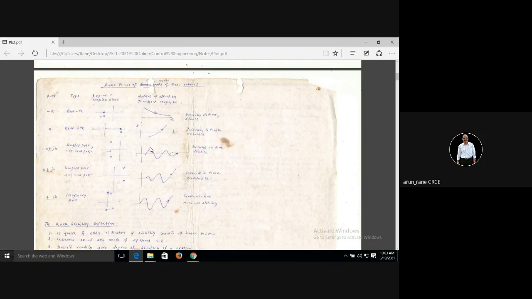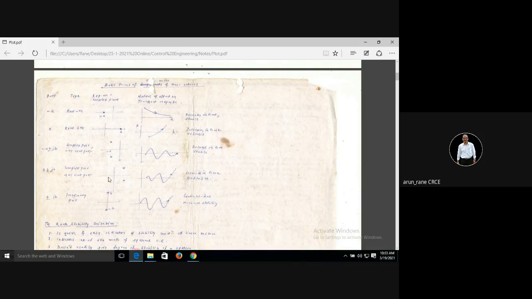It indicates that the response decays in time and the system is stable. Then again if the roots are complex, but on the positive side, then the system is unstable. The vibrations increase in time.